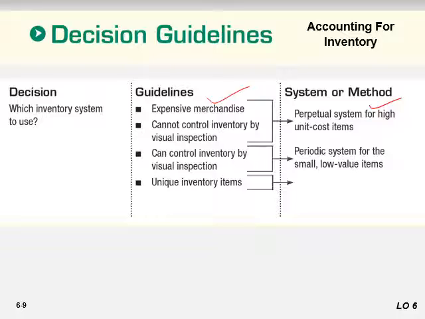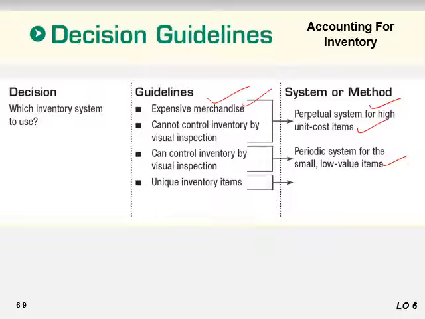When you want to control the inventory by visual inspection and goods are unique as well, use the periodic system. Just a guideline. If you're using expensive items and you cannot control the inventory by visual inspection, you cannot go to the vault to see the gold items, diamond items, all this stuff, then you use the perpetual system for unit cost.